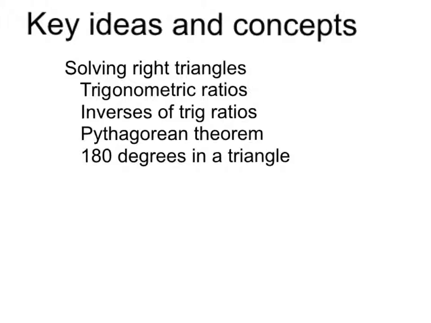We should know SOHCAHTOA, which is the acronym we use for our trig ratios. We should know how to find inverses of trig ratios, which we use to find angle measures. And we should also be able to use the Pythagorean theorem, because that's an excellent way to check. And finally, this is just a strong reminder that there's 180 degrees in a triangle.